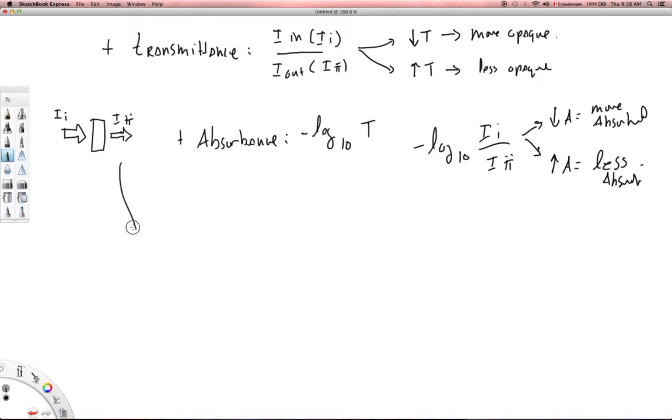Now what we'll do is the fundamental physical principle, aside from the pseudo quasi-quantum mechanical model that I showed you earlier, which is what's known as the Beer-Lambert law.